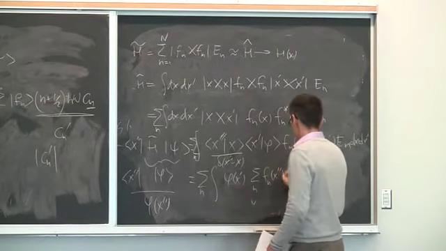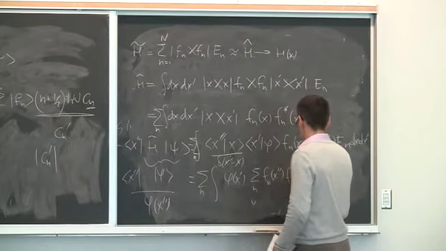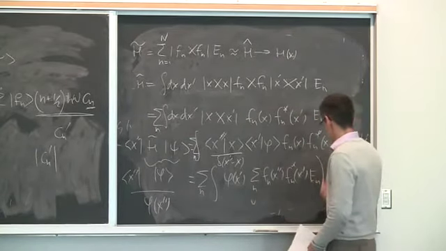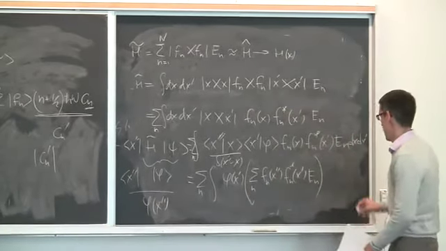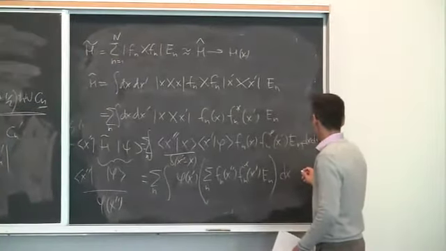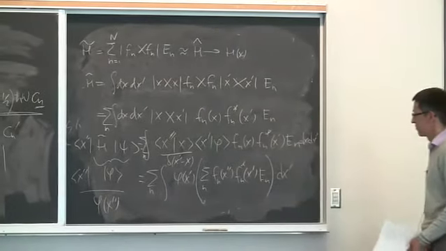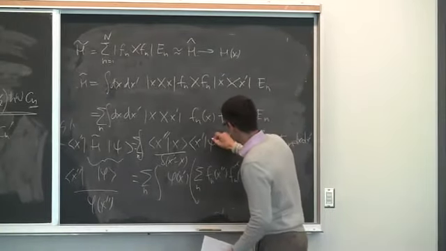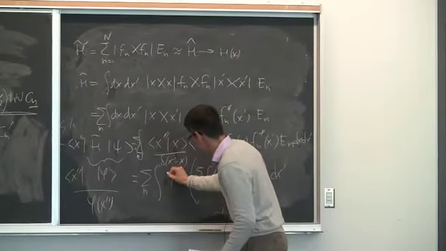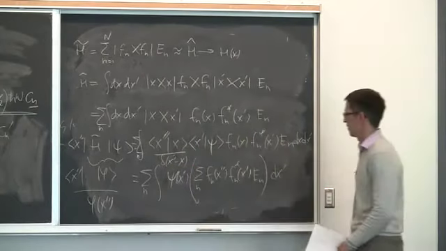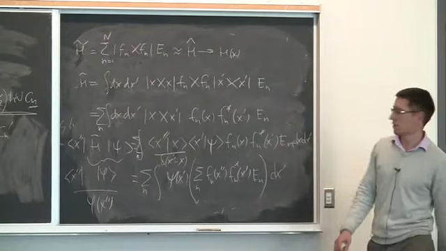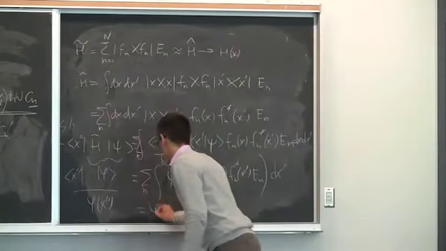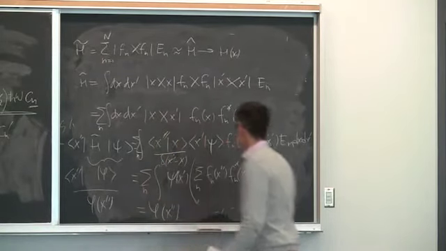Fn x double prime, fn star x prime, en, and then we have dx prime. If this guy is psi, not phi, phi is the result, and this is our answer, phi of x double prime.